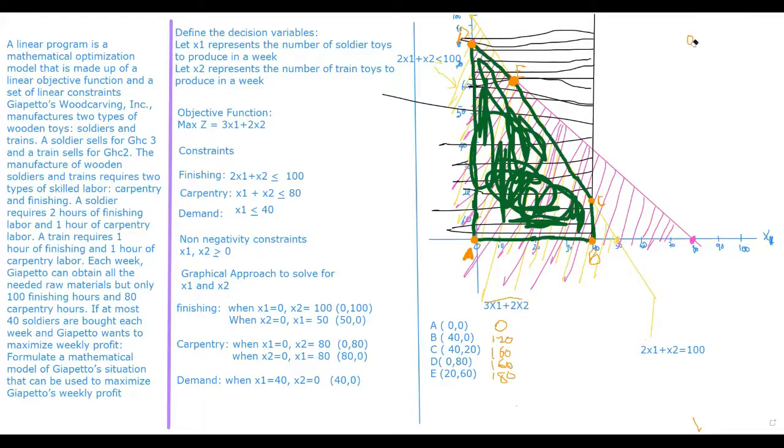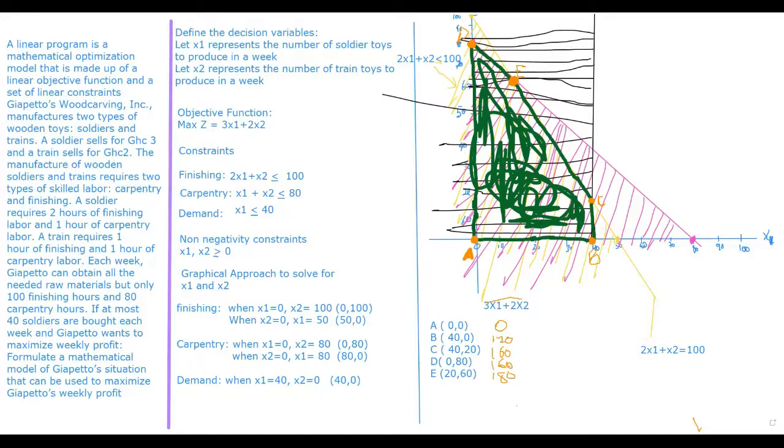So what was your highest value? 180. Good. Therefore, your 180 becomes your optimal solution.